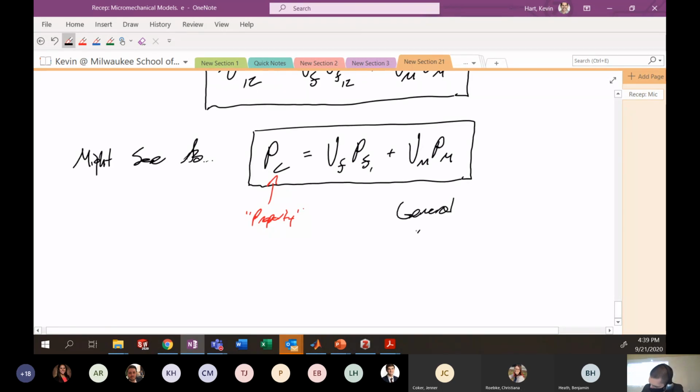So this is the general rule of mixtures, or parallel model.